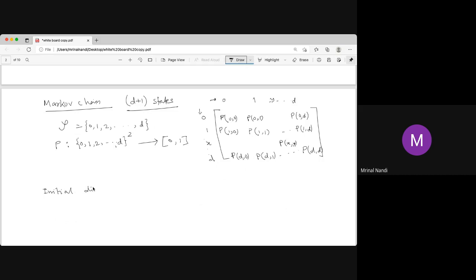It is pi 0,0 for starting at 0, pi 0,1, up to pi 0,d. This is a row vector of size d plus 1, and the transition matrix is of order d plus 1 cross d plus 1.